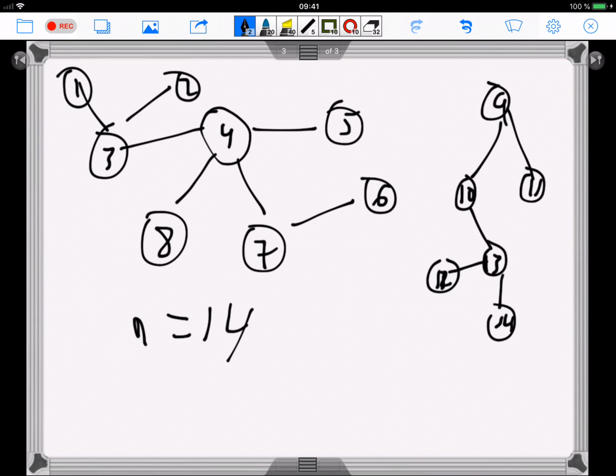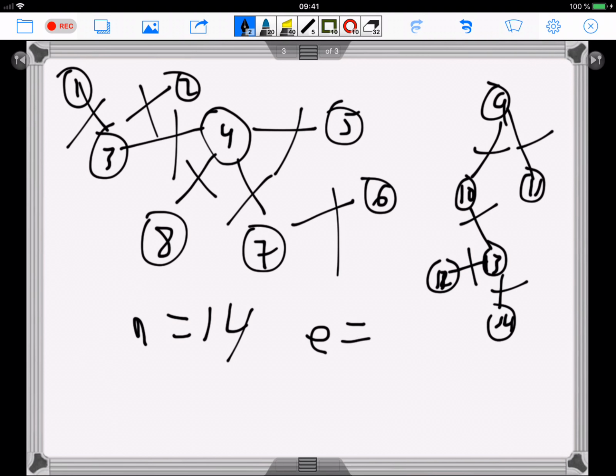Okay, and the number of edges: 1, 2, 3, 4, 5, 6, 7, 8, 9, 10, 11, 12. And in this case, the number of edges, E, is equal to 12. So in this case, clearly 12, which is E, is less than n minus 1, which is 13.